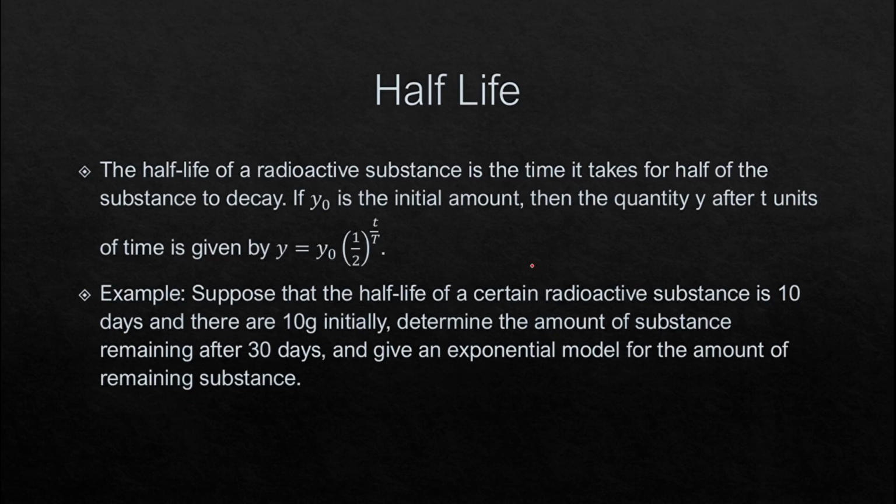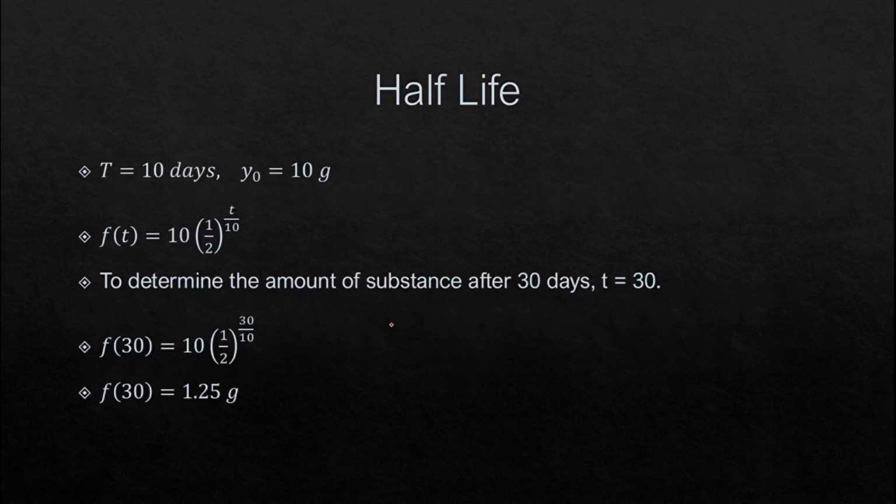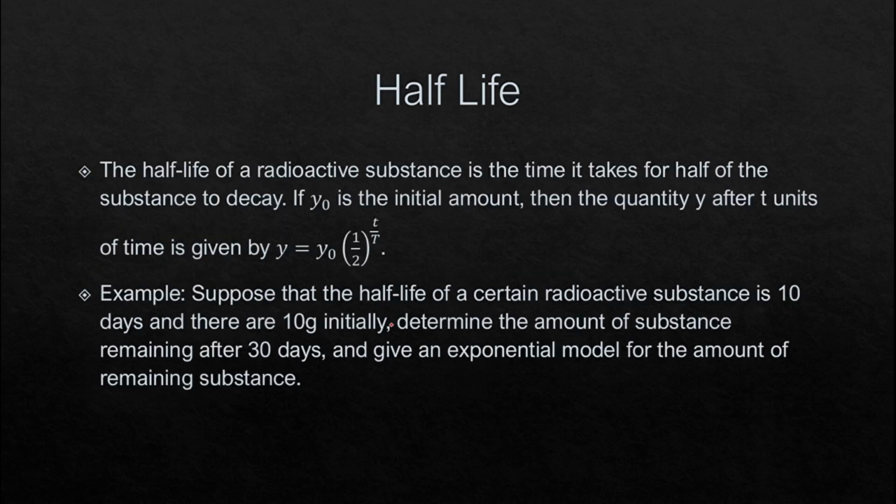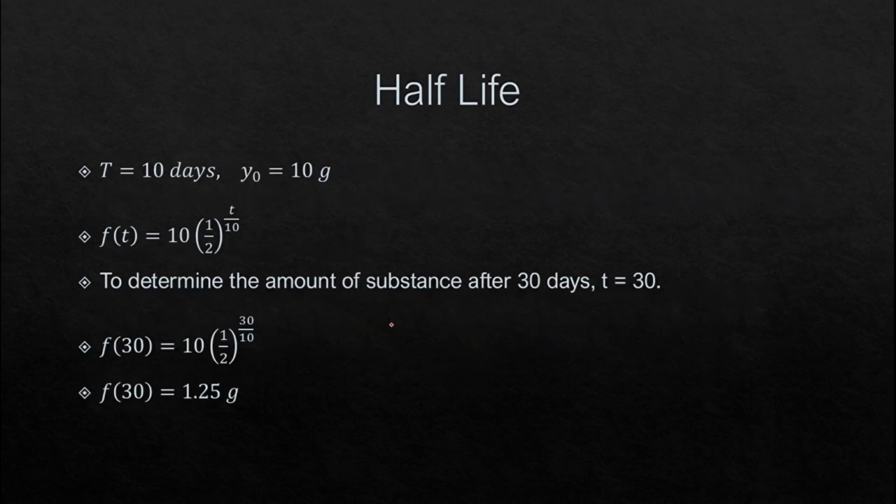Example: suppose that the half-life of a certain radioactive substance is 10 days and there are 10 grams initially. Determine the amount of substance remaining after 30 days and give an exponential model for the amount of remaining substance. First, alam natin that the half-life of the certain radioactive substance is 10 days. So in 10 days, half na ng quantity niya. And there are initially 10 grams.